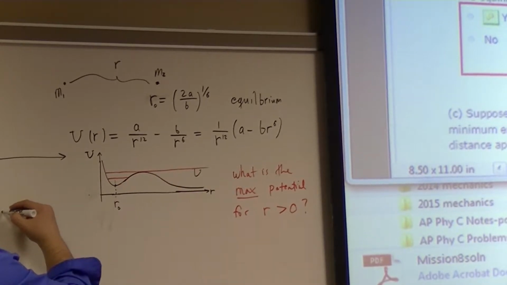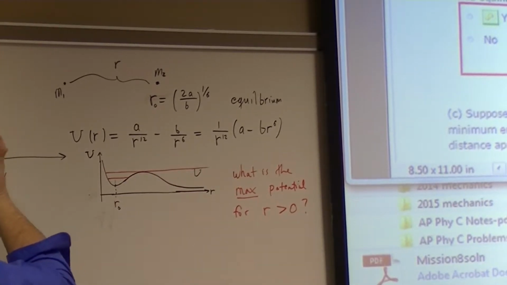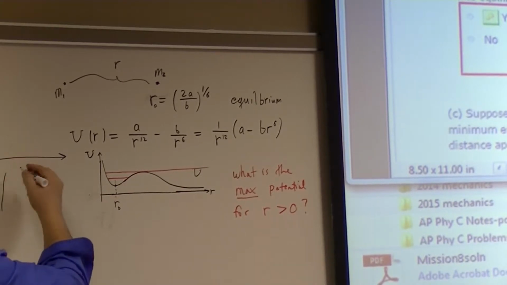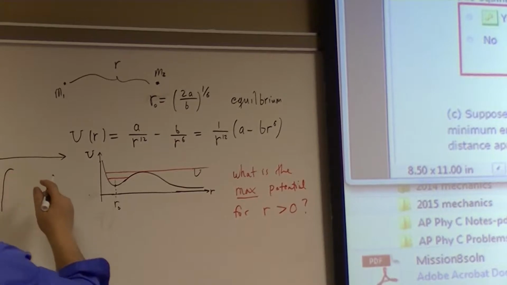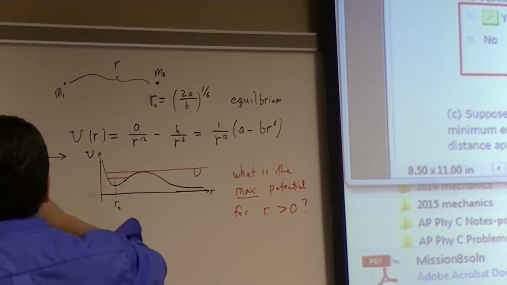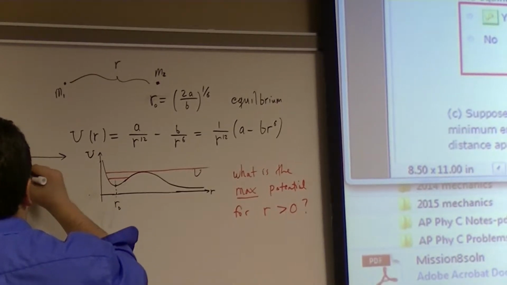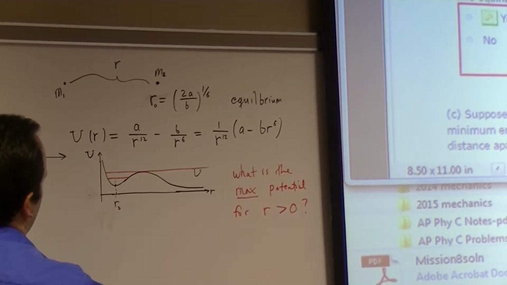Maybe the picture actually looks more like... How would that go? Well, apparently there's a stable equilibrium, right? Oh, that can't be. Wait a minute.